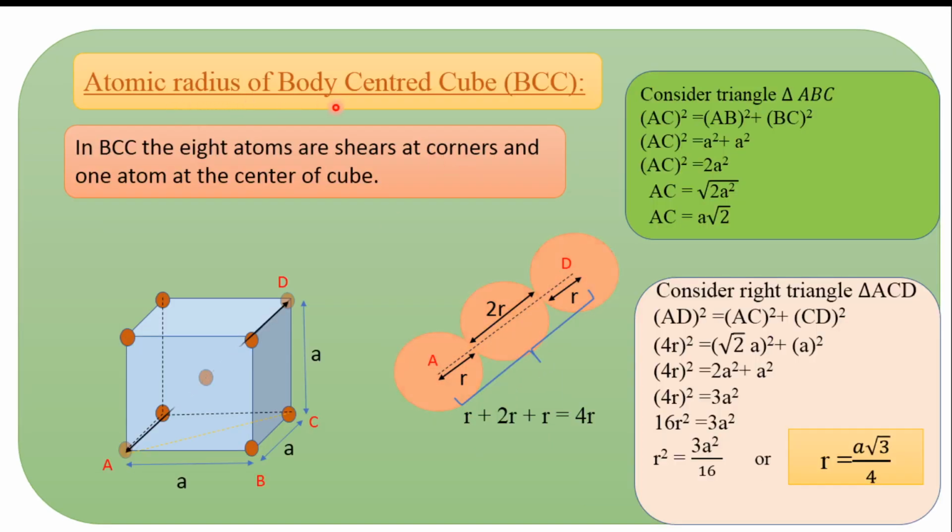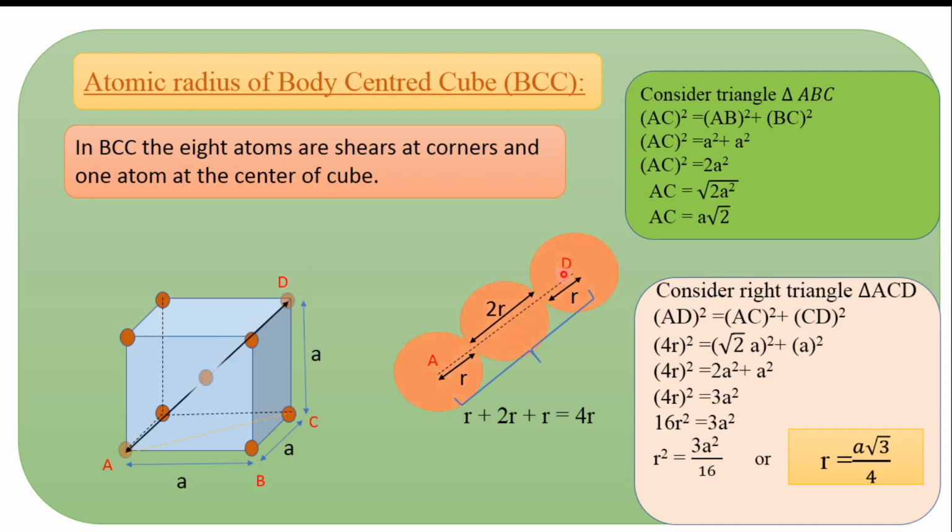Now atomic radius of body center cube, that is BCC. In BCC, 8 atoms are placed at the corners of the cube and 1 atom is placed at the center of the cube. Here this diagonal AD, A atom is here, D atom is here and the center atom is here.